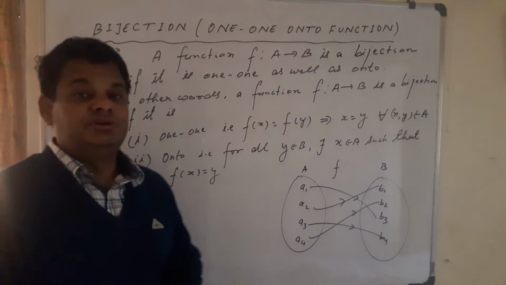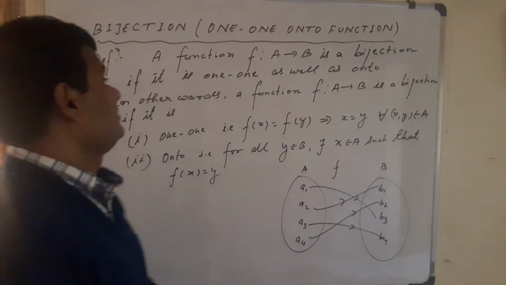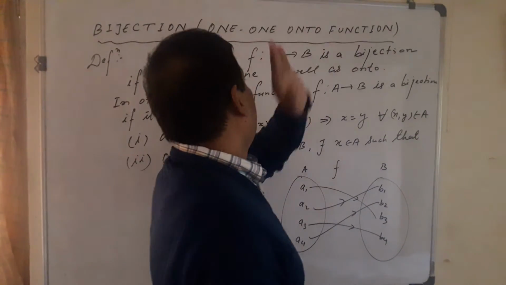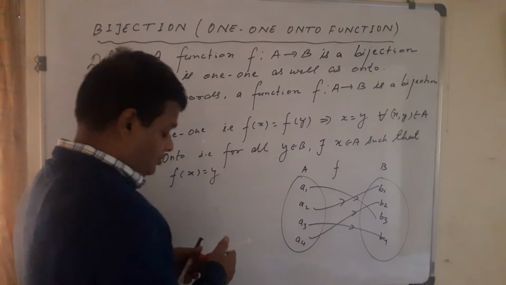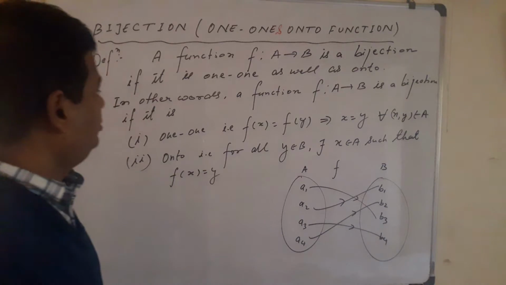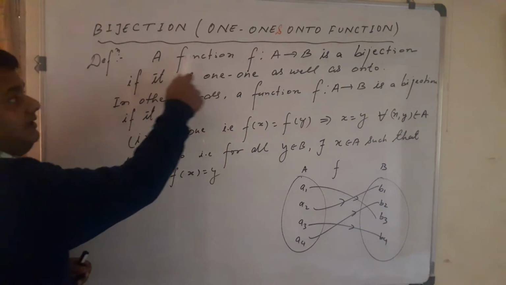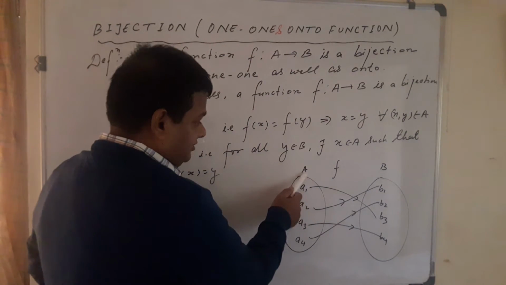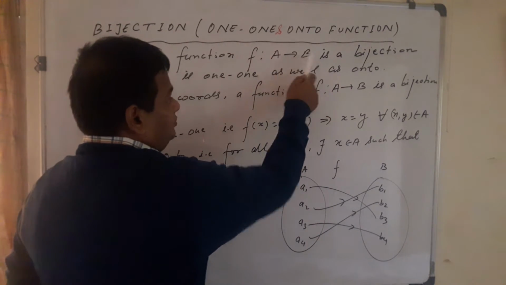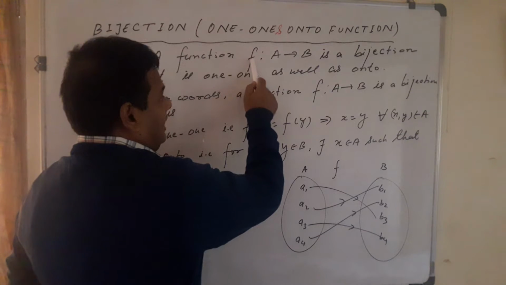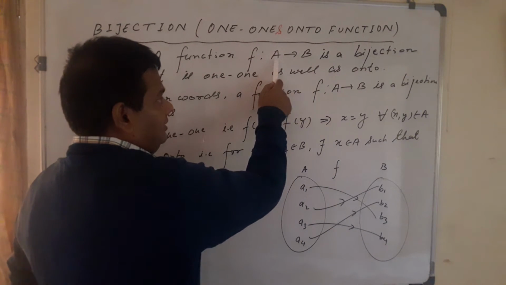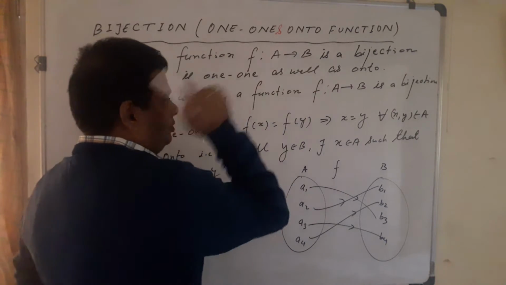Now I am going to discuss bijection, that means one-one onto function. A function f: A to B. Here this is set A and this is set B. f is a function from A to B. A is your domain and B is your codomain.